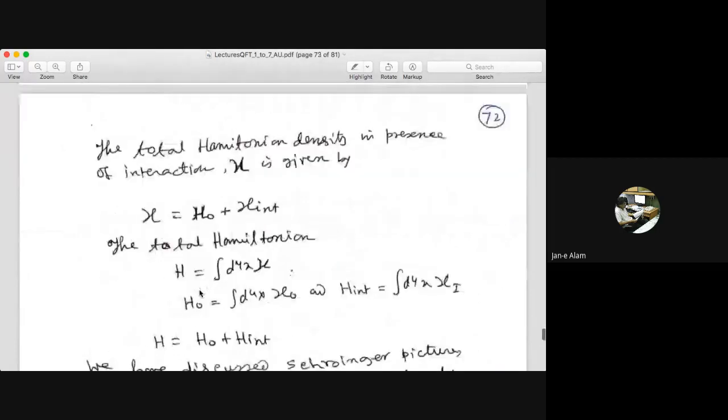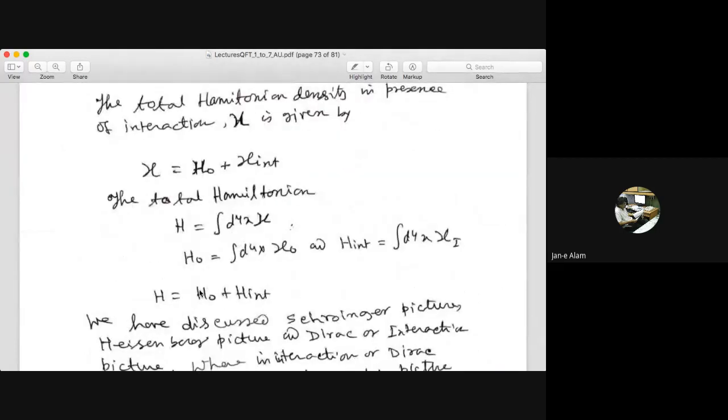Now let me introduce the interactions, and this will make things clear. We have taken the total Hamiltonian as the unperturbed part H0 plus the interaction part, and this is the Hamiltonian density. So the total Hamiltonian will be d4x times the total Hamiltonian density.